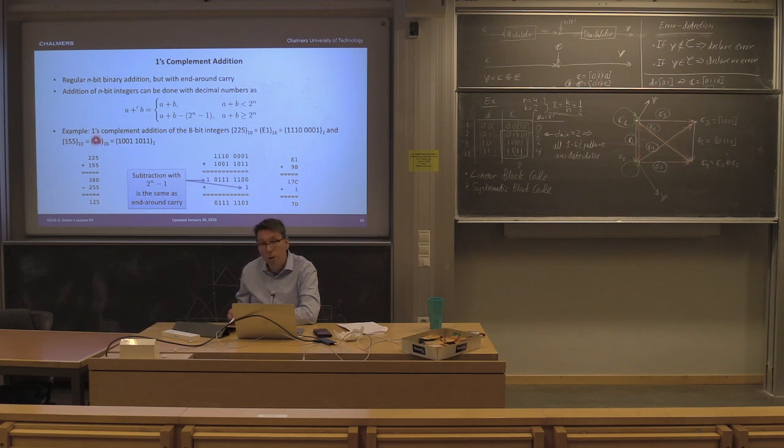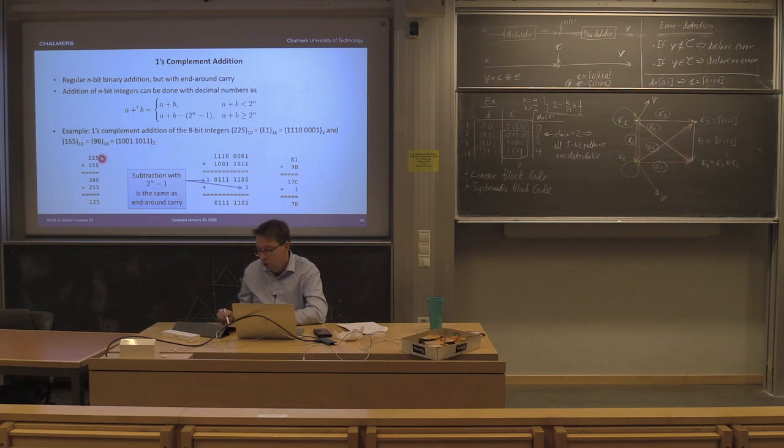So if we want to make an example of this, if we have 8-bit integers, 225 in base 10, or E1 in base 16, or this bit pattern in base 2, and this 155 in base 10, 9B in hex, and this bit pattern in base 2.